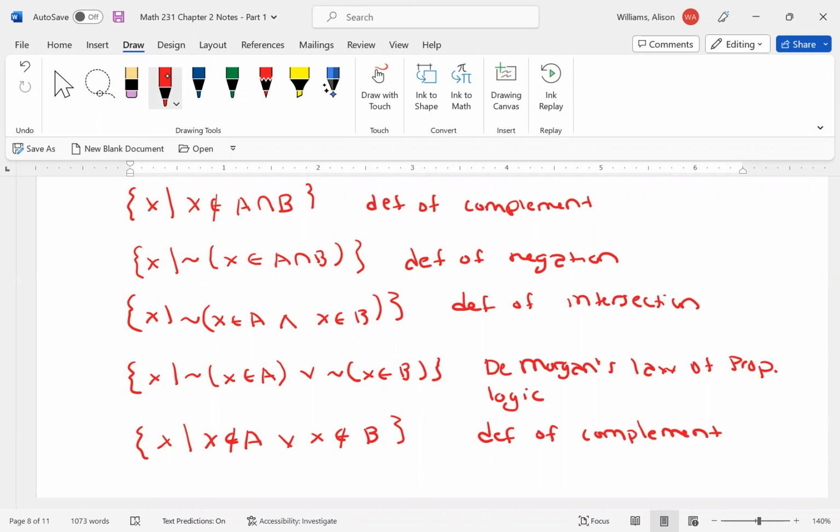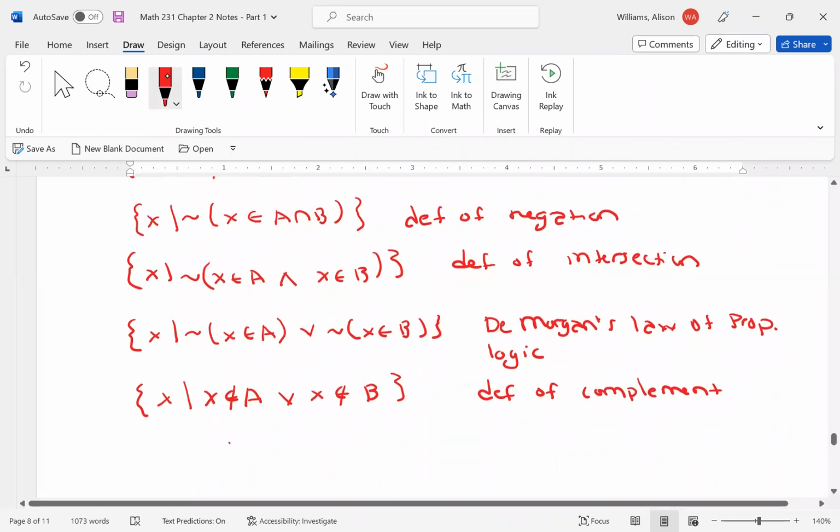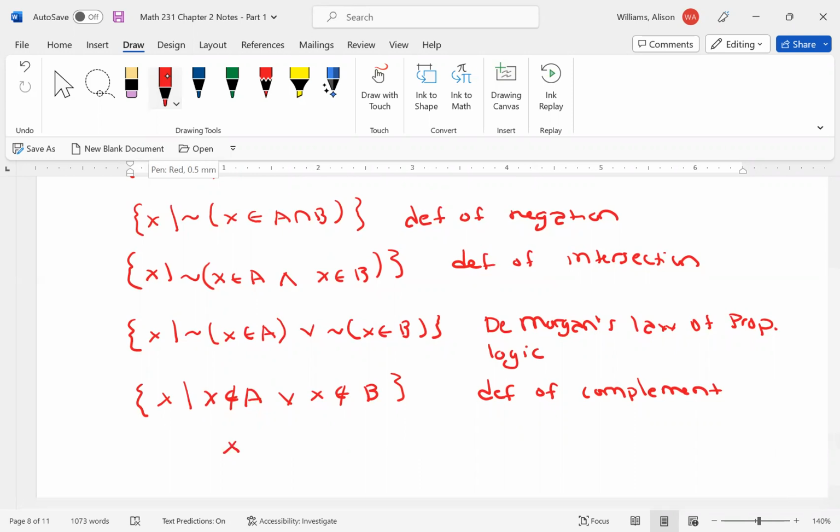Okay, but another way of saying that is that X is an element. Oh, wait, I'm so sorry. This is definition of negation again, not of complement. Now I'm going to use complement. Here we go.